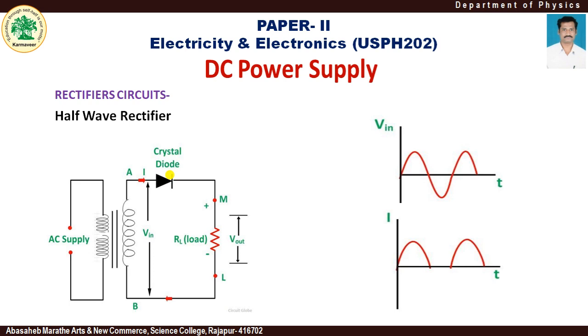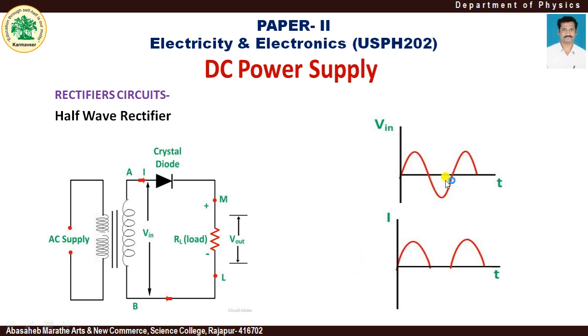When this forward bias voltage across the diode becomes much greater than the barrier potential, then the diode works as a closed switch, and therefore a large amount of current IDC flows through the load resistance from point M to point L. This current produces DC voltage across this load resistance RL that we have shown here.